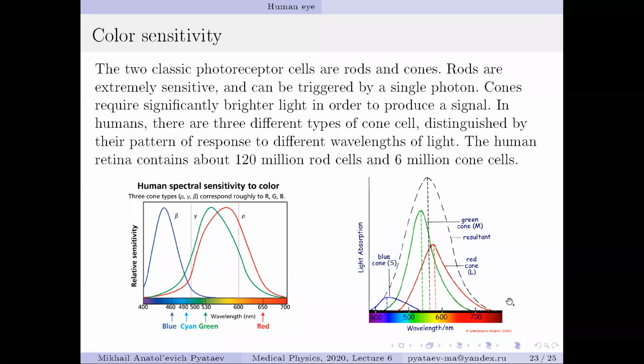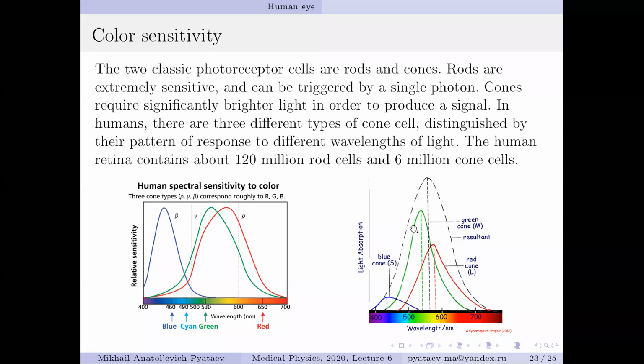And the second picture represents the same dependencies, but with a different normalization factor. In this case, absolute sensitivity is represented, and we can see that green cone cells are most sensitive.